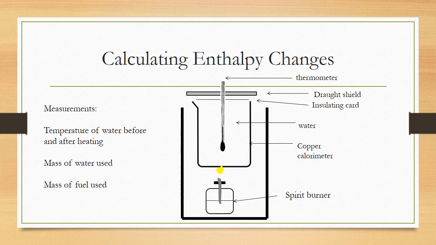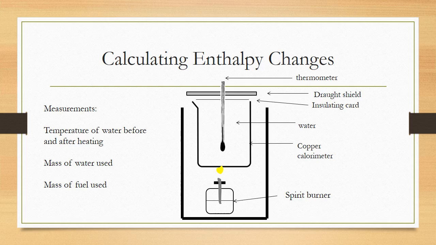So you're heating the water in a copper calorimeter, and it's blocked off from the outside surroundings because you've got a draft shield and an insulating card, and stuck in the middle is a thermometer. So it's measuring the amount of energy being transferred from the flame into heating the water.